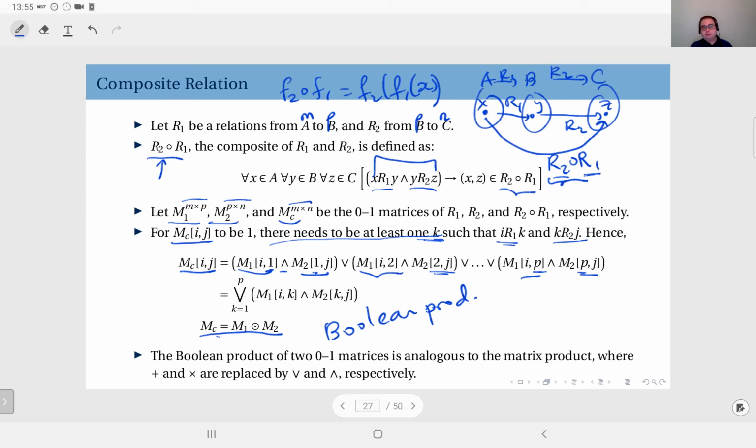All components are 0 or 1, and this is how we define the Boolean product of two matrices. This is very similar to ordinary matrix multiplication, except instead of addition, you use OR, and instead of multiplication, you use AND. That we call a Boolean product. And the composite relation has the 0-1 matrix you obtain when you take the Boolean product of the 0-1 matrices of the relations.